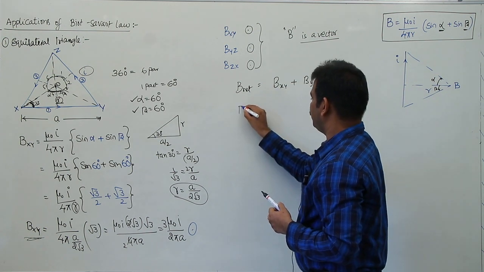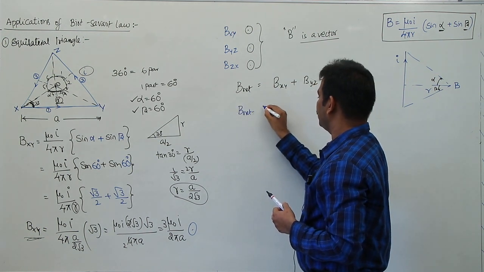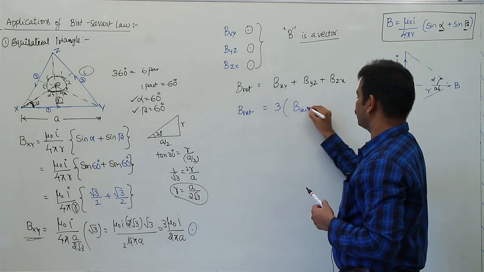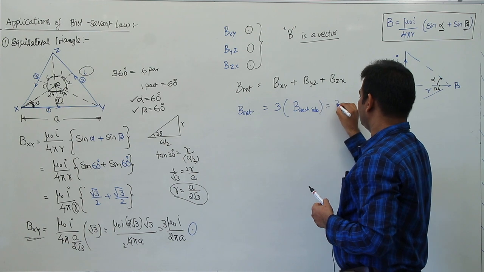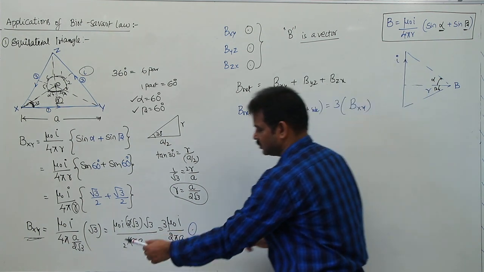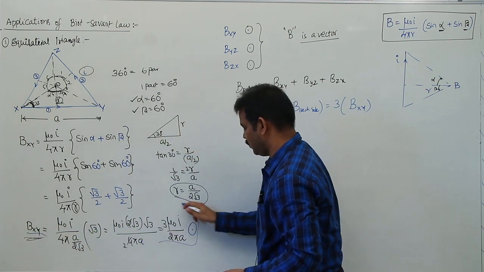That's why we can write B net is given by 3 times the magnetic field due to each side, or 3 times the magnetic field due to XY. Why? Because we found the XY value here. So this is the XY value.